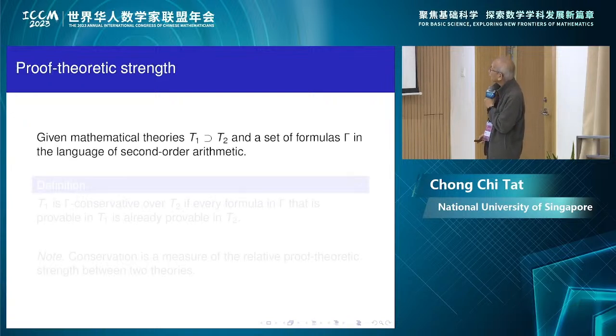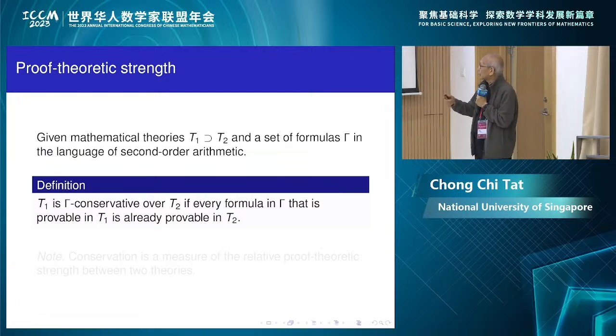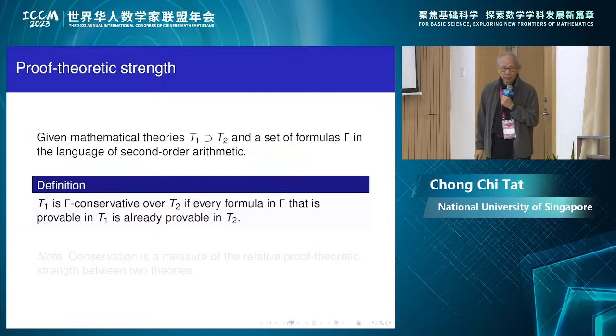Now, what's conservation? Well, first of all, you take two theories called T1 and T2, or two systems, right? And you fix a collection Gamma of formulas. So then you say that T1 is Gamma conservative over T2 if every statement in Gamma that T1 can prove, T2 already can prove.